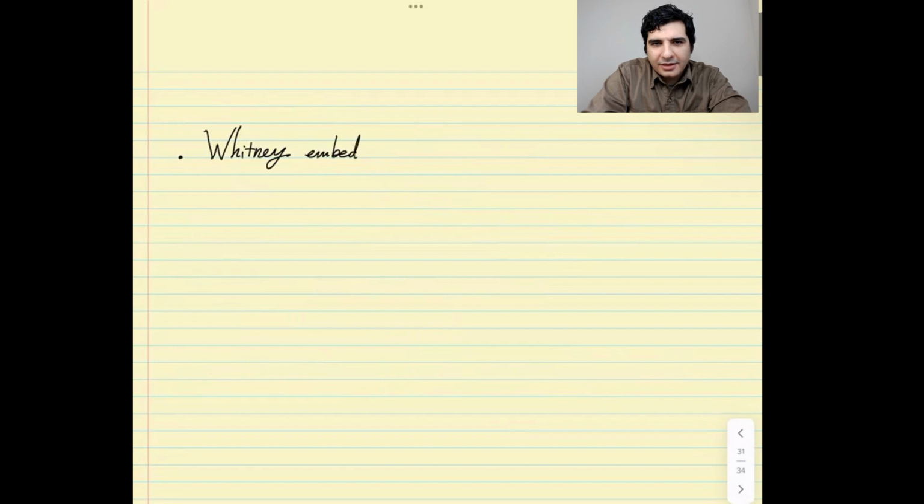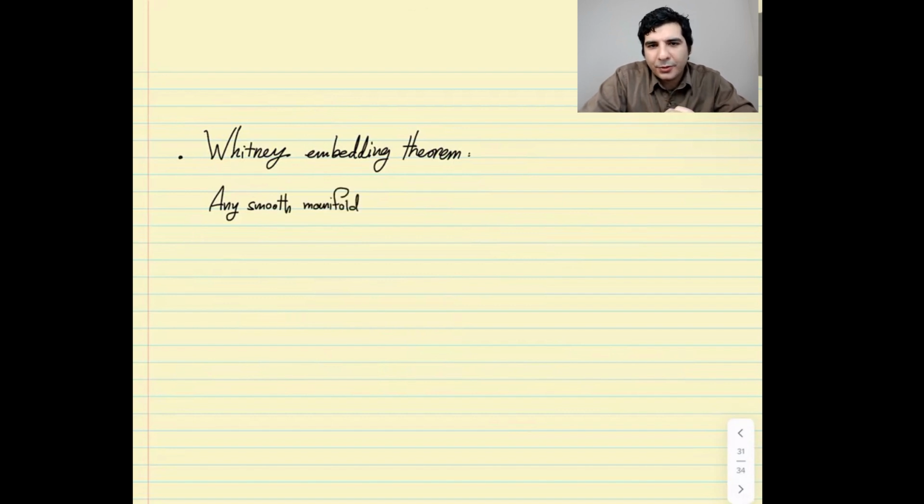There is an important theorem which we will get back to later. I'm not going to prove it now, but we will do that later. It's called the Whitney embedding theorem. So we discussed that we usually think about manifolds in an abstract way. Whitney embedding theorem says it's okay. We can think about smooth manifolds not in an abstract way, but as submanifolds of some Euclidean space.